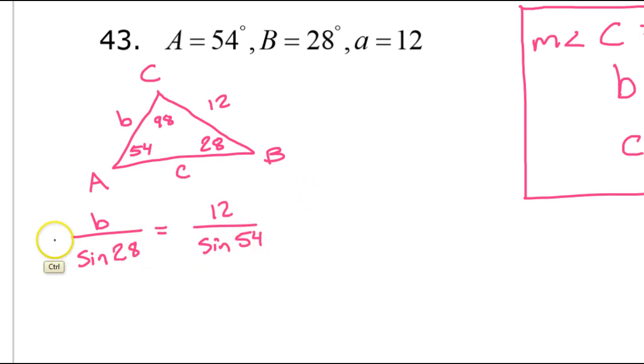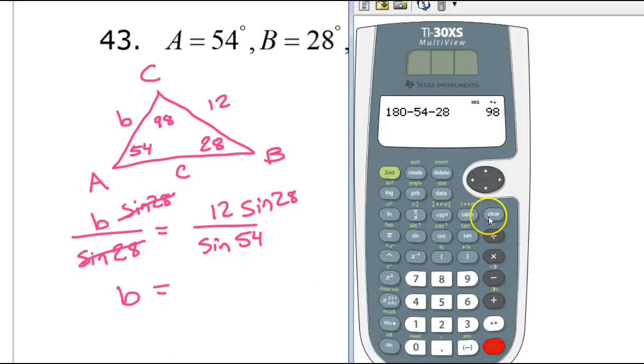Okay, so if I multiply both sides by sine 28, then these will cancel, and this is going to give me the value of side B. And I'm just going to put this entire thing in my calculator.